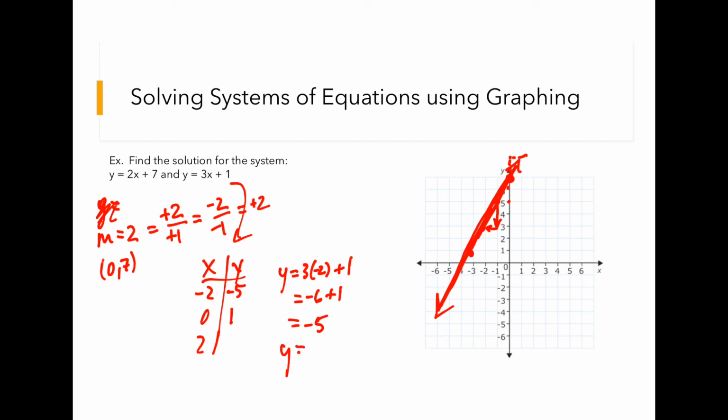And then if we plug in positive 2, that gives me 6 plus 1, which is 7. Okay, so positive 2, 7. Oops, let's go ahead and do a different color here. 0 and 1. And then we had negative 2, negative 5.